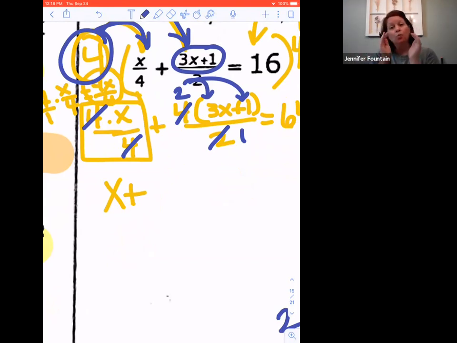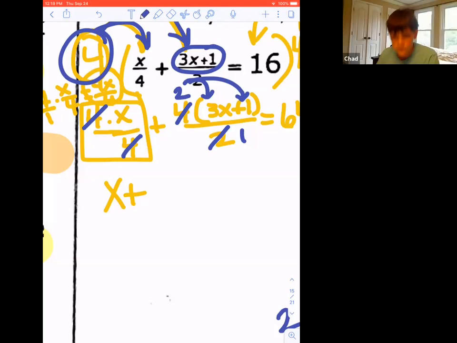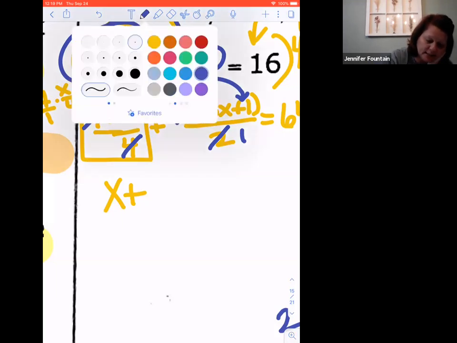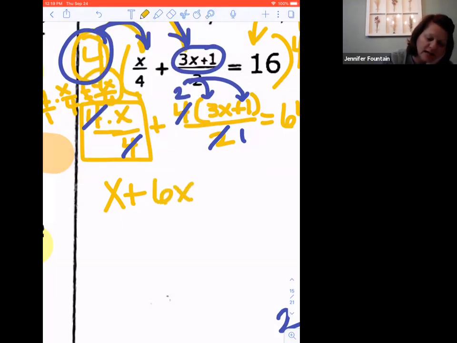When I have more than one term, I have to put it in parentheses so I know I've got to distribute that number because I've got to multiply 4 by 3x and 4 by 1. Okay? So in this situation, though, we've canceled before we multiply. So let's go ahead. So then I would distribute 2 times 3x is going to be 6x. And 2 times 1 will be 2.